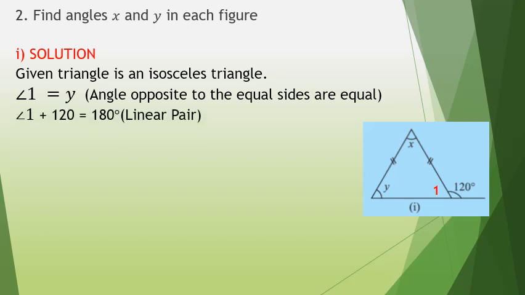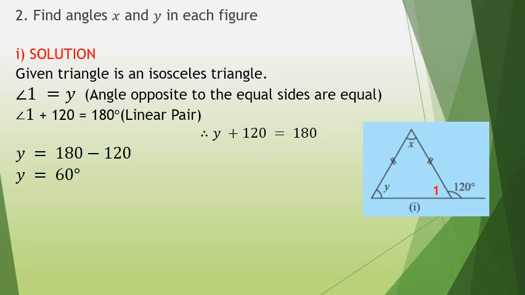Now we can write angle 1 plus 120 will form a linear pair. Now substitute the value of angle 1, that is y plus 120 equals 180 degrees, or y equals 180 minus 120, that is equal to 60 degrees. Now we have to find angle x.